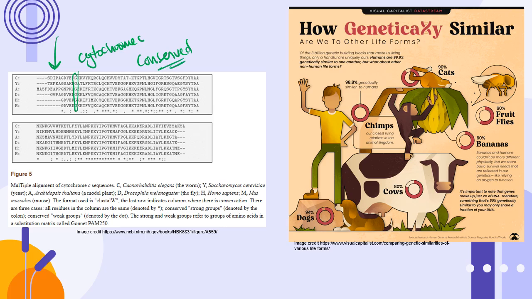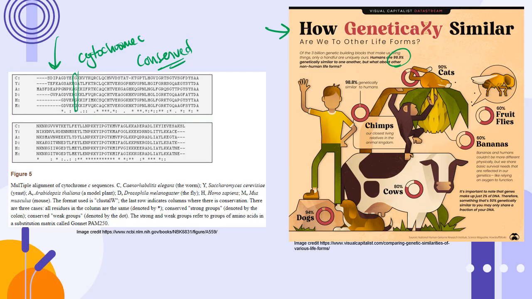The reason that our proteins are similar is because the DNA is also similar. So a lot of the DNA in different organisms is conserved, or kept the same from one organism to the next.